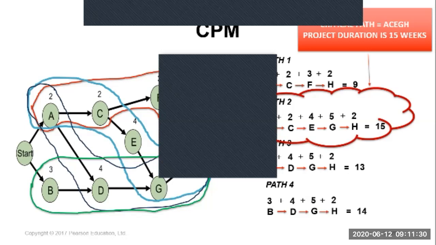That's why I put start and end. So when you say path, it is from start until end activities. Is it clear?